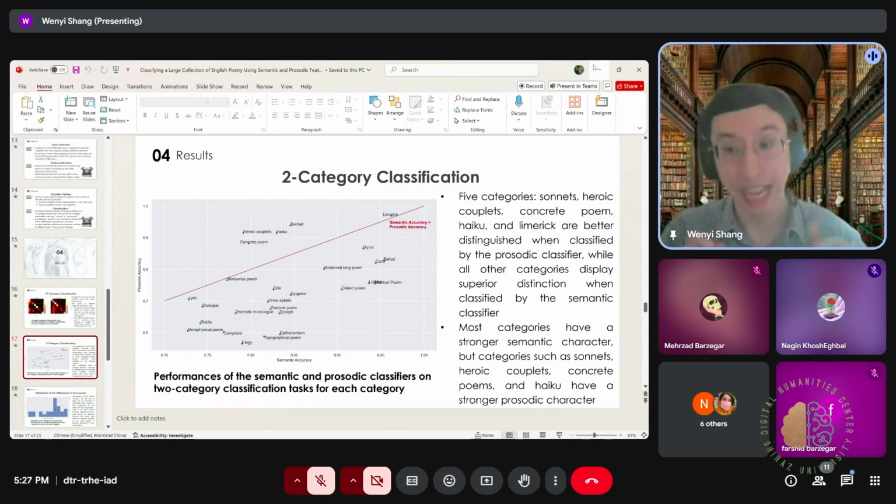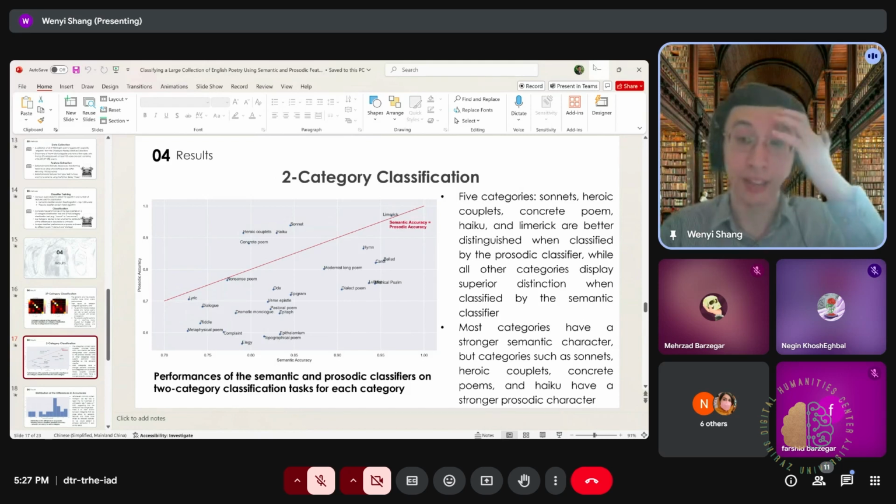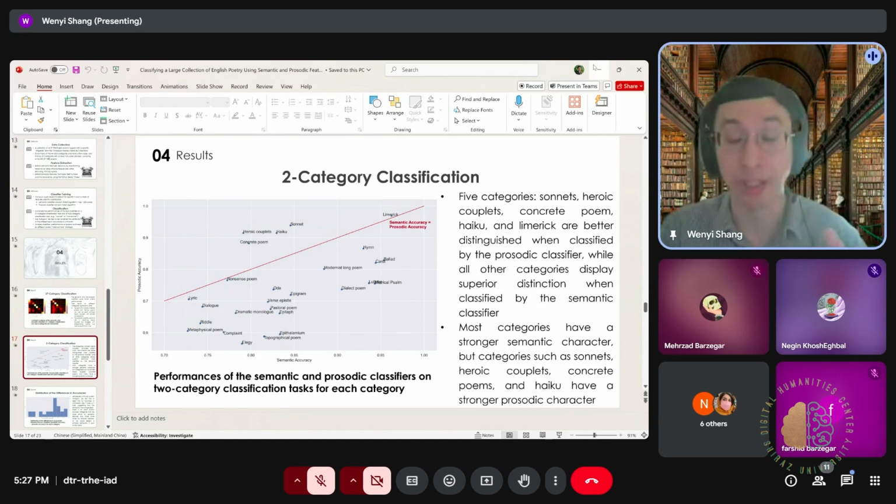This confirms our first question: different poetic categories have different strengths of features in the prosodic features and semantic features. Some categories are better defined by the words they use, and others are better defined by the prosody they use.